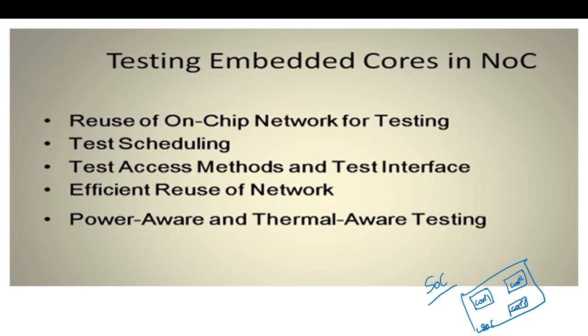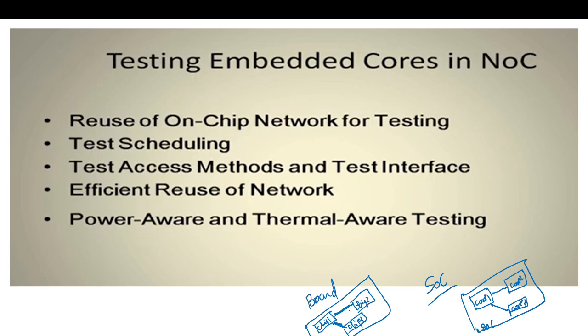Previously, we first saw board level testing, where we have one PCB board, and in that we have chip 1, chip 2, and chip 3. And we said that this off-chip communication is slower than on-chip communication. So we fabricated the cores, interconnected them, and formed the SoC.